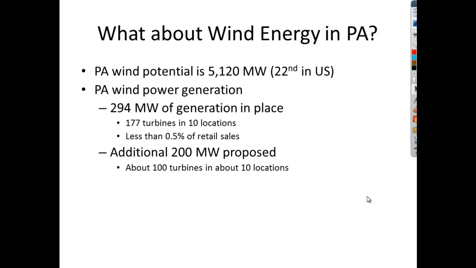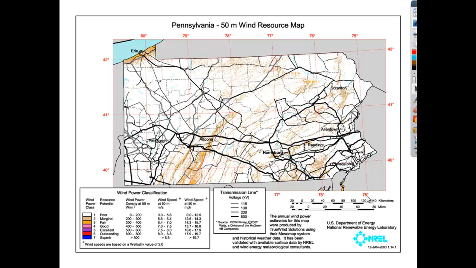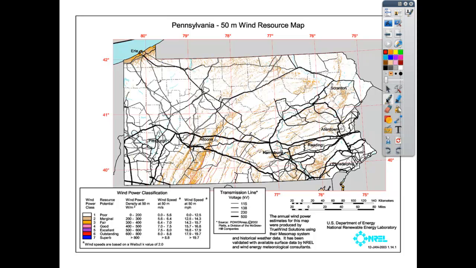What about Pennsylvania, though? Pennsylvania, by potential, is only 22nd in the United States. So we have about 177 large turbines in 10 different locations, and we have more that are proposed. We are not the greatest state. I think this map gives you some perspective on how good our state is for wind. And you'll see that there are a couple locations.